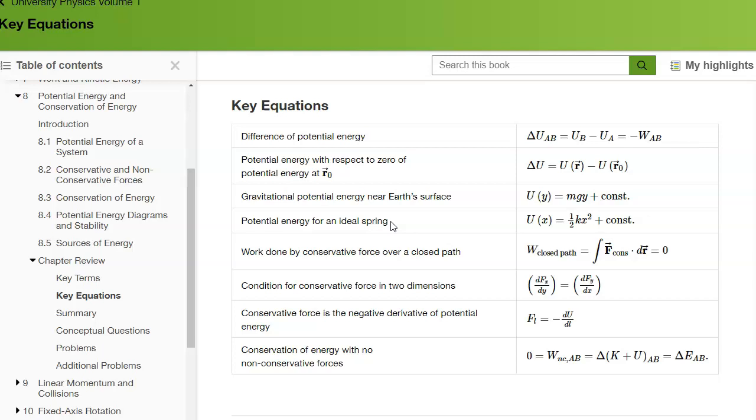Okay, and finally, conservation of energy. There are a couple of ways to think about this. You could do Ki, my great handwriting here, plus Ui, plus, I'm going to go ahead and put in here work from non-conservative forces, equals Kf plus Uf.